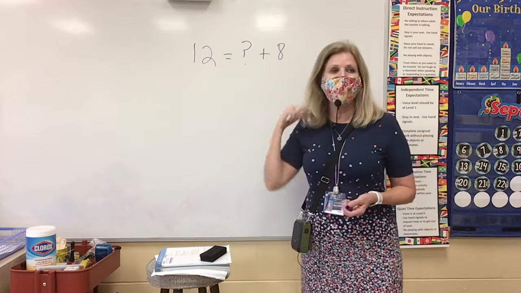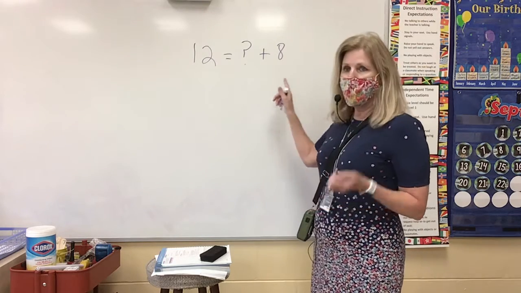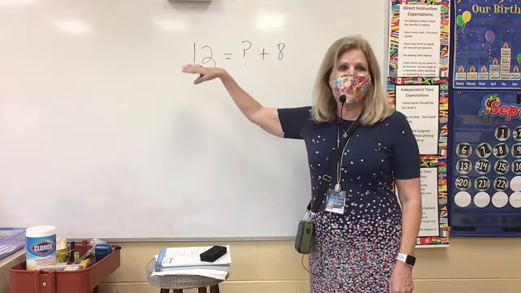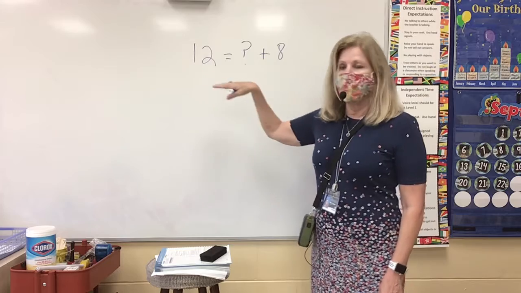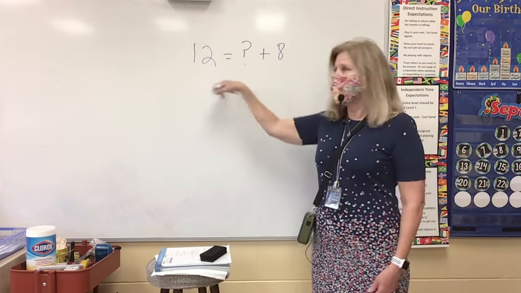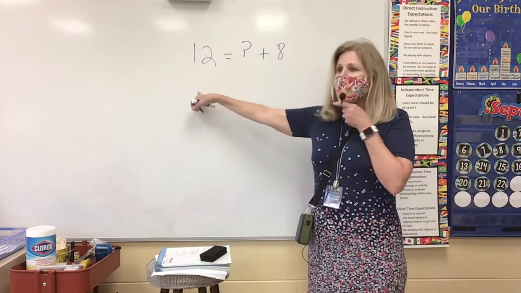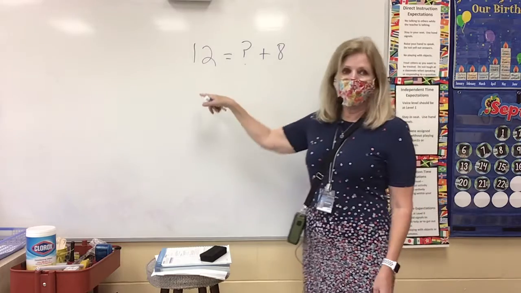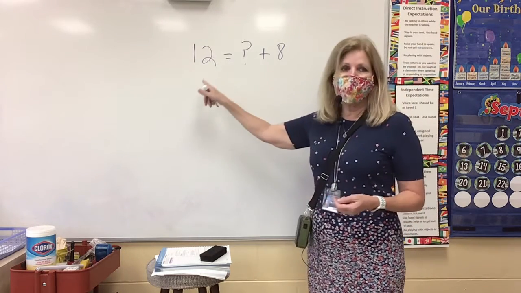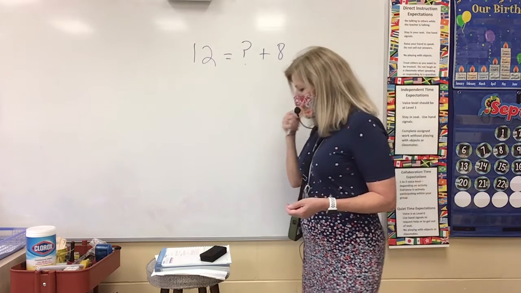Was that what she was supposed to have done? No. No, because how can 20, if we know that the total amount she has is 12? The brown ones can't be 20, the part cannot be more than the whole, correct? Okay, so her error, we know, was that she added her part to her whole instead of trying to find out what her parts are.